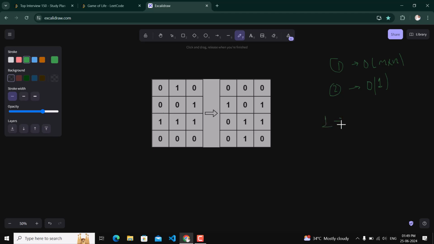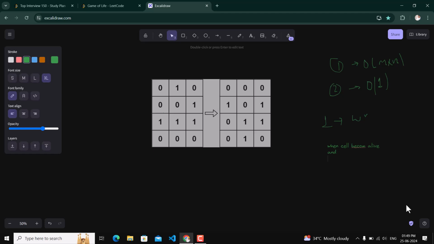We have to consider two states: when a cell becomes alive and when a cell becomes dead.